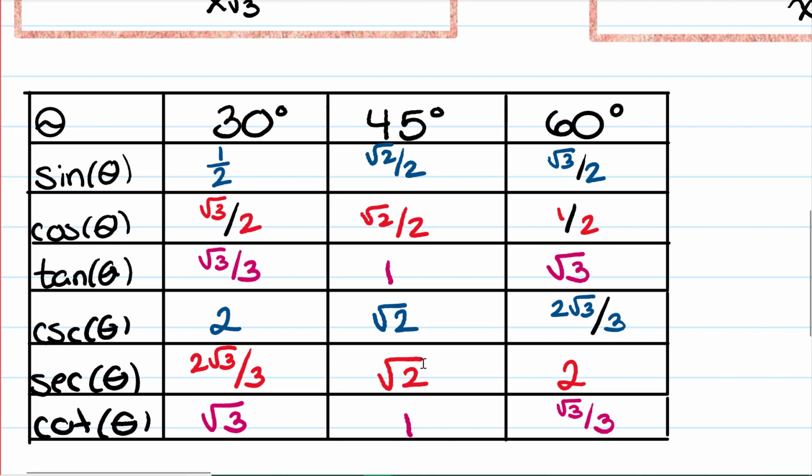And notice that we can see some patterns, like sine of 30 is the same as cosine of 60, tangent of 45 is 1, cotangent of 45 is 1. You can see how the numbers repeat themselves. And we'll talk more about this later, but it's good to have this chart from the very beginning so we can start memorizing some of these values.